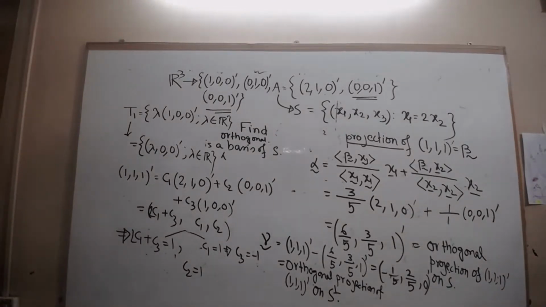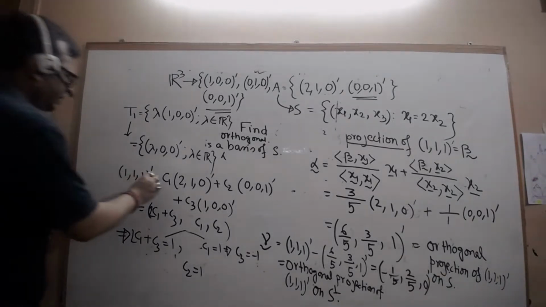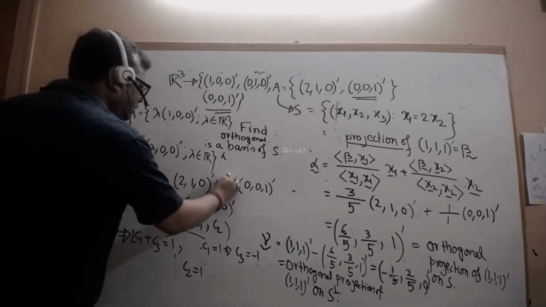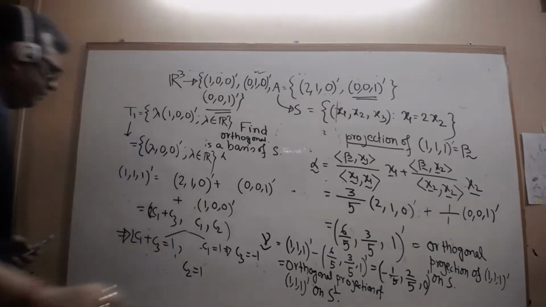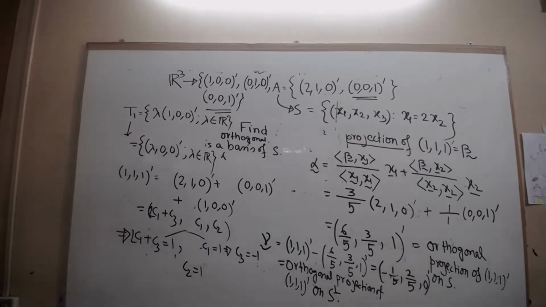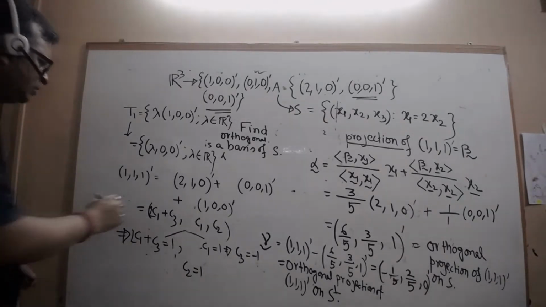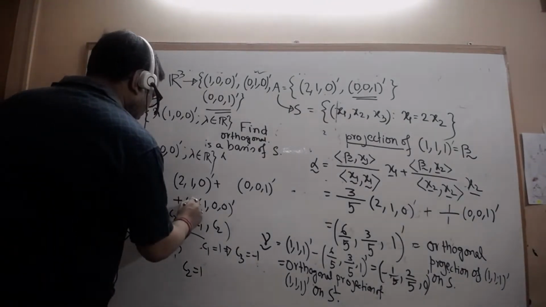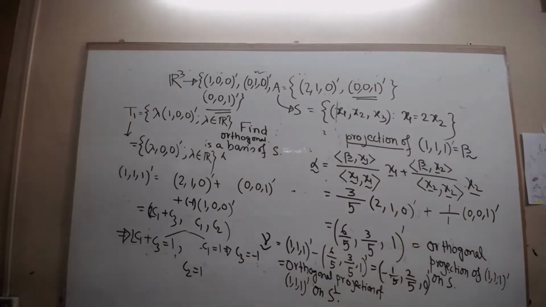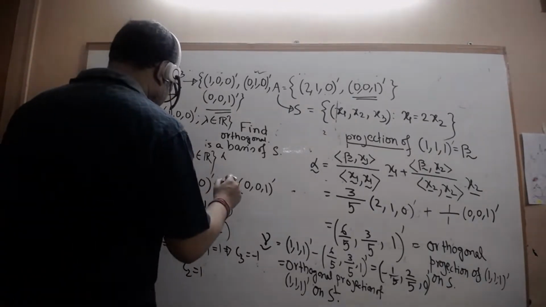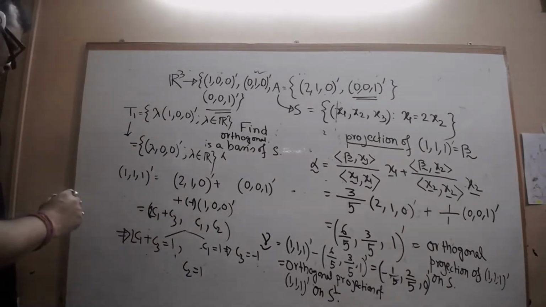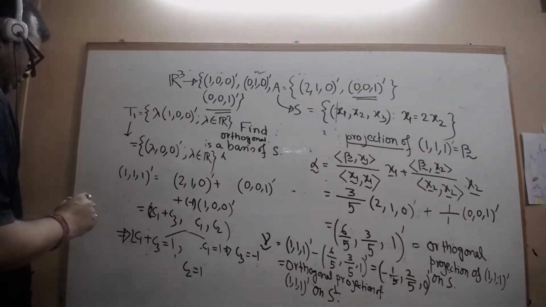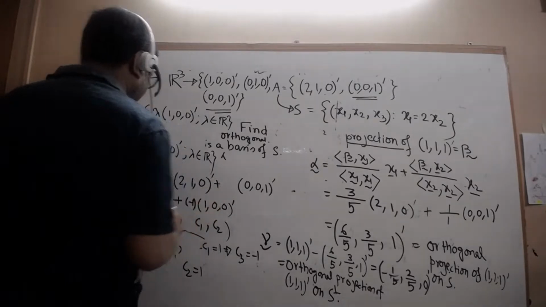Okay. So just replace the values of C1, C2, C3 by their numerical values. That is C1 is 1, C3 is minus 1, and C2 equals 1.